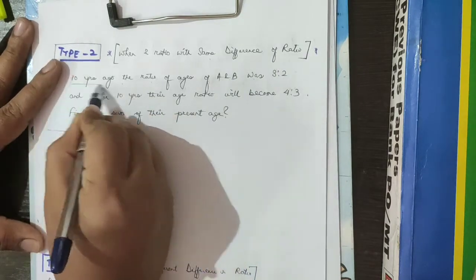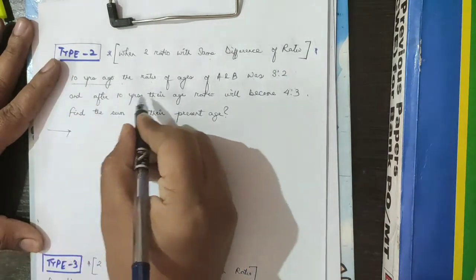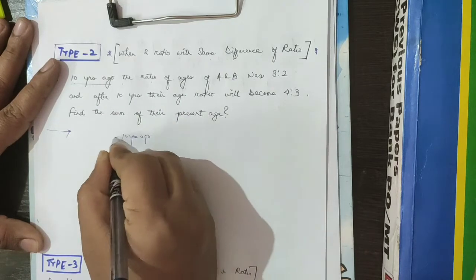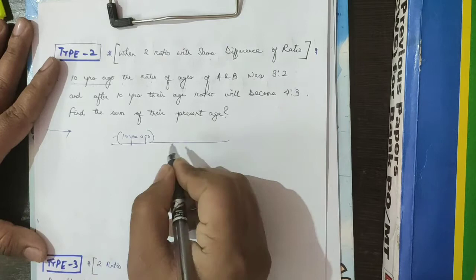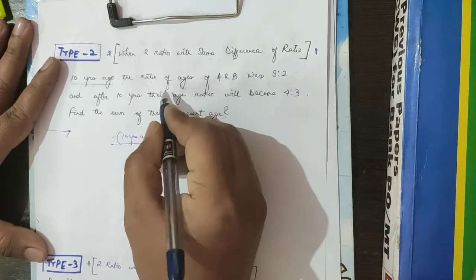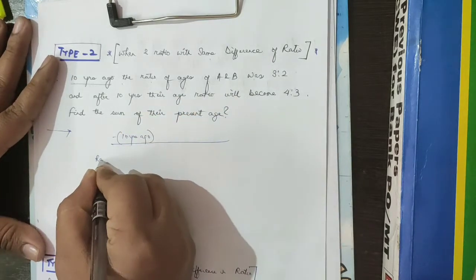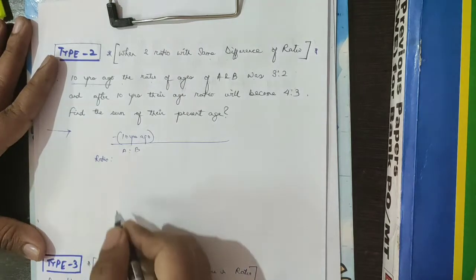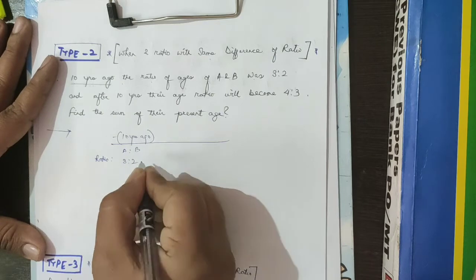First read the question properly and write: 10 years ago is minus 10 years. The ratio of the ages of A and B was 3:2.